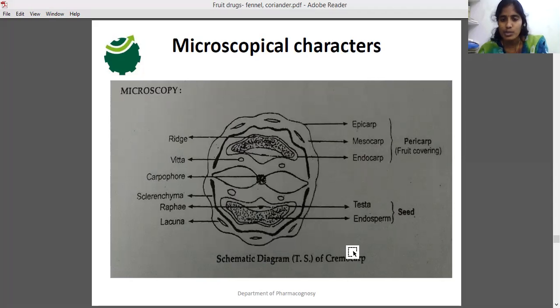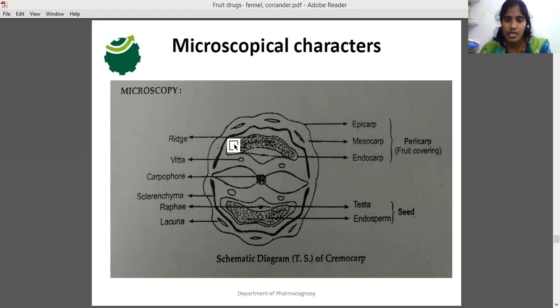Usually while drawing the detailed diagram, we draw only one mericarp. We also study only one mericarp structure because the two mericarps are similar in their microscopic characters.